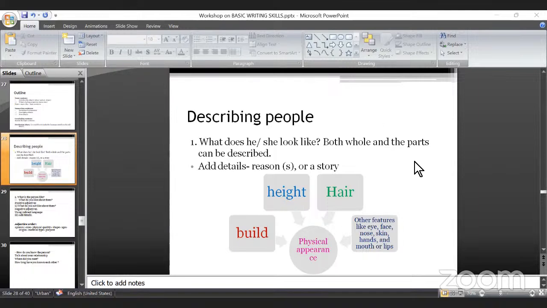What words can you use to describe people's build? Try to think about it.